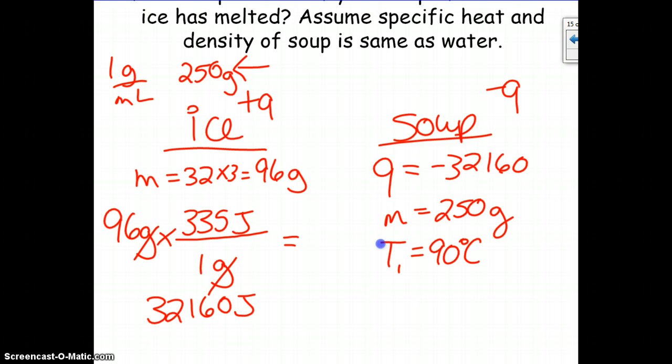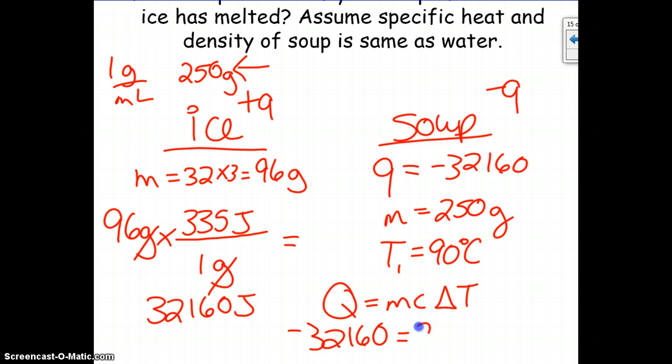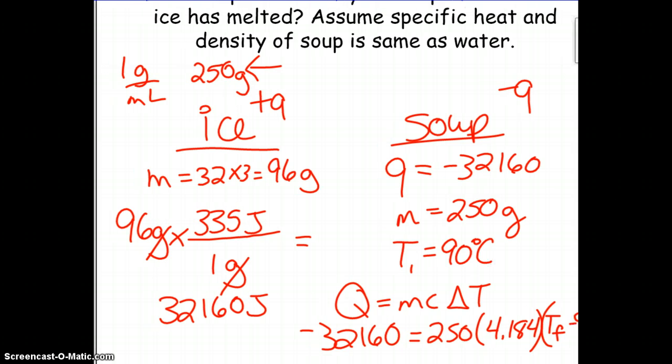Now we can set up Q equal MC delta T. Our Q is there. Our mass is 250. C is water, and then we're looking for our T final, and our T initial was 90.